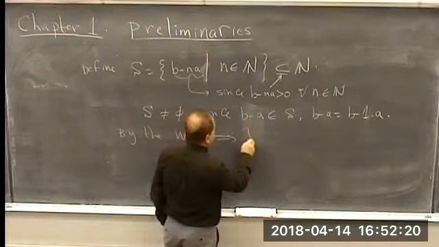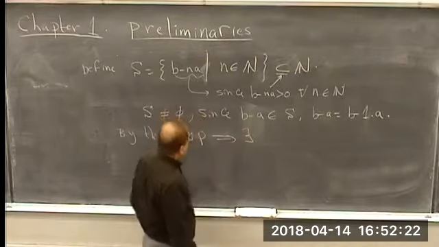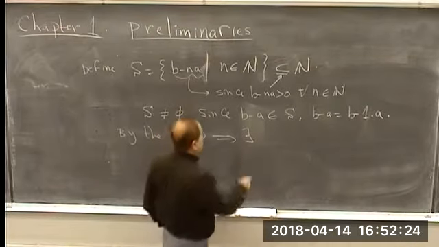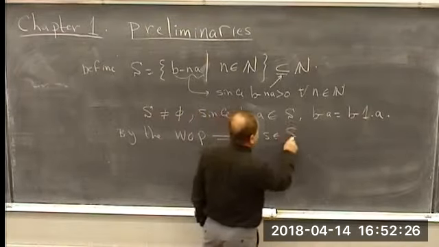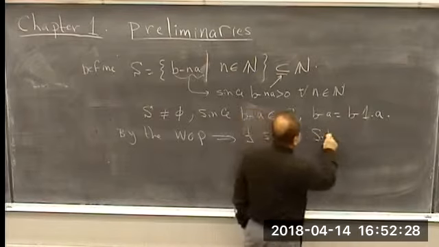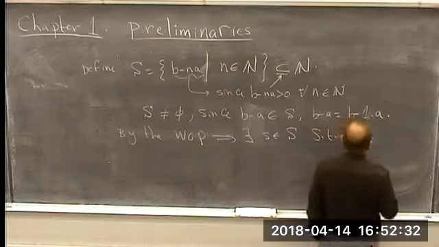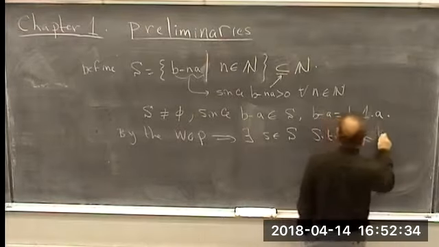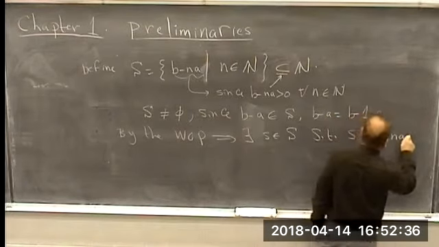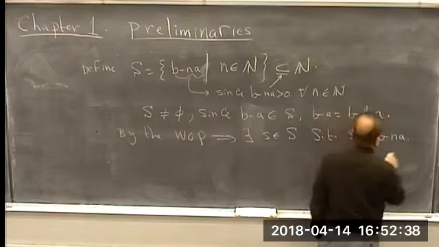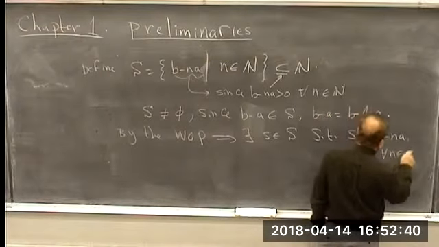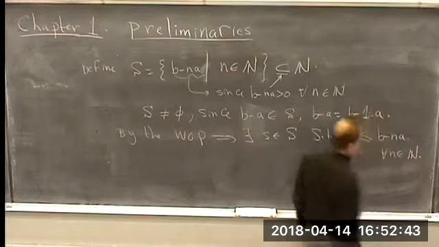Implies that there exists an element in here, there exists s in S, such that s is smaller than or equal to every element b minus na, for every n being a natural number.